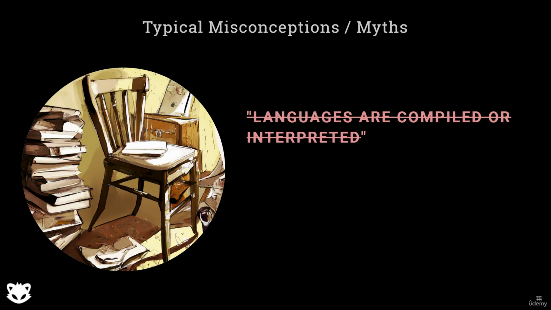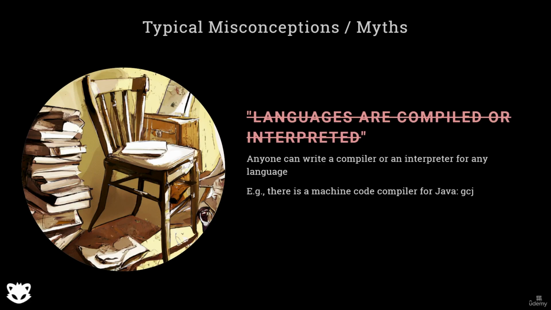The thing is that anyone can write a compiler or interpreter or hybrid compiler for any language. For instance, there is a machine code compiler for Java called GCJ. So you can compile Java into machine code. As a malware analyst, you might see non-standard language implementations for the very reason that tools often do not exist for rare implementations.